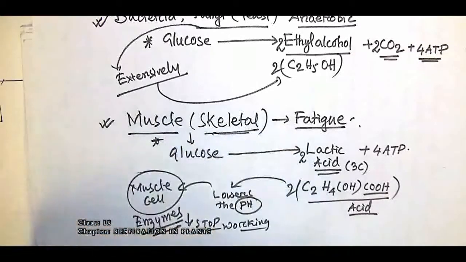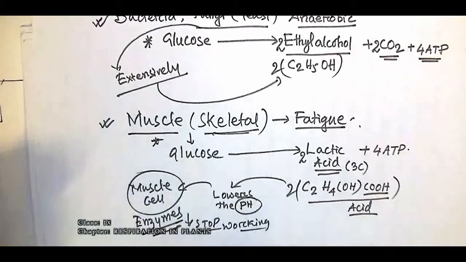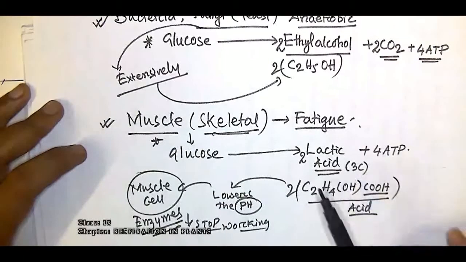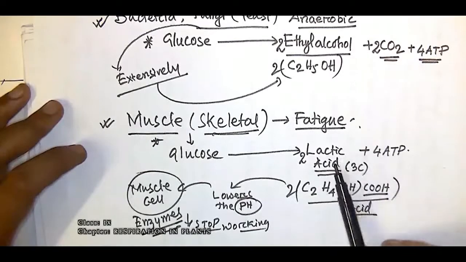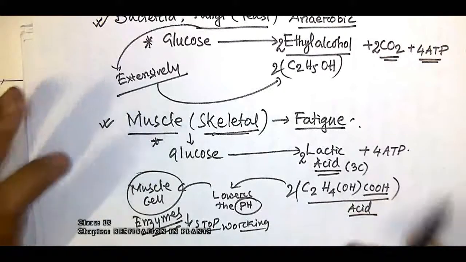Now, sir, can we do it next day? I mean, can I move my muscles next day? Can the muscles contract next day? Yes, very much. How? Because once you come to rest, this lactic acid will be taken by the blood to your liver. And after they are taken to your liver, they will be broken down over there and complete oxidation will be done over there to release carbon dioxide.